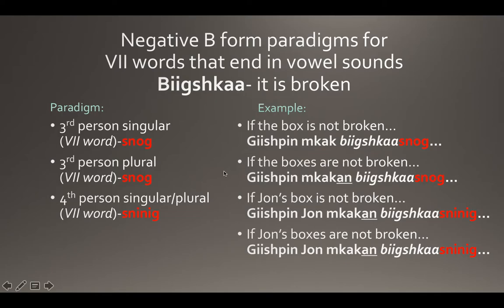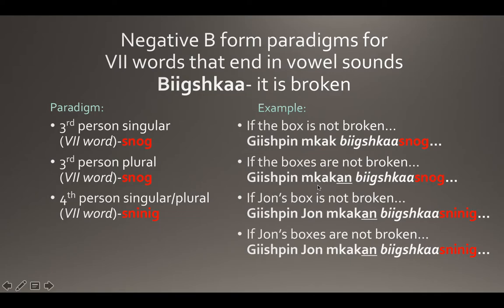Moving on to third person plural. We're just trying to build on our knowledge here, so we're not changing any of the words. We're just adding the necessary suffixes to learn our plurals. So we've got "if the boxes are not broken." Again, we've got gishbin for if.